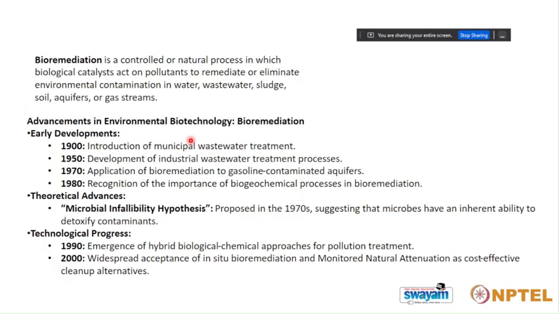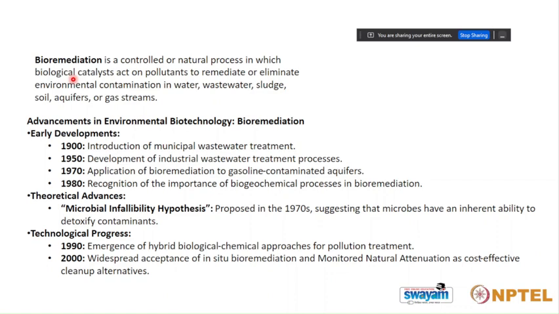Now let us discuss what bioremediation is and how it works. Basically bioremediation is a controlled or natural process. In a controlled process, we will be optimizing all the conditions for the microbes to grow, whereas in the natural process, the remediation process will happen in the natural environment.